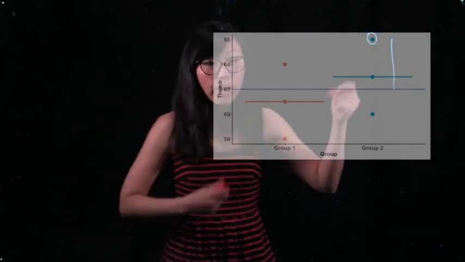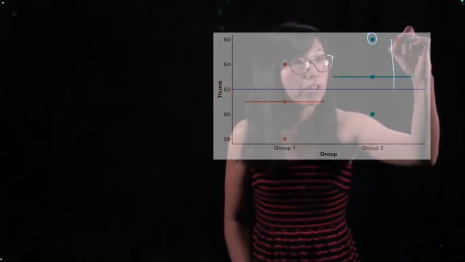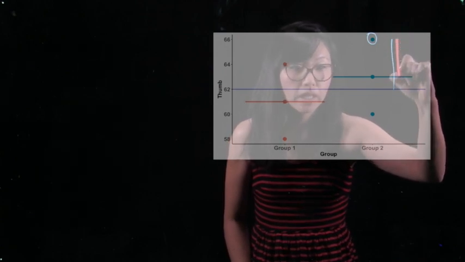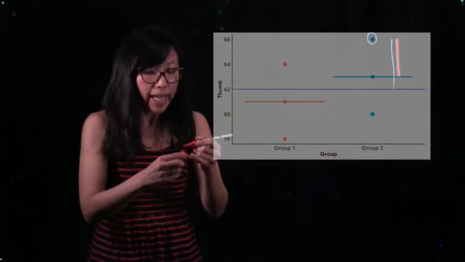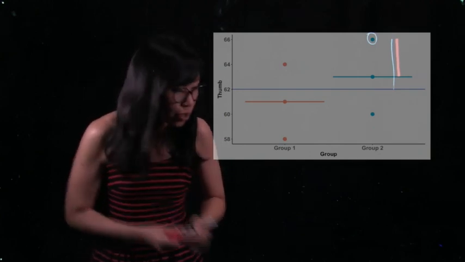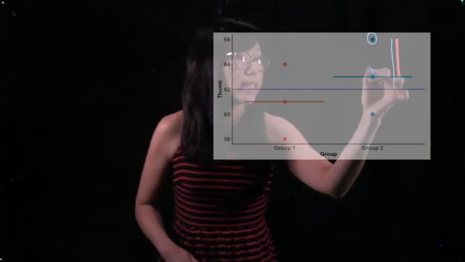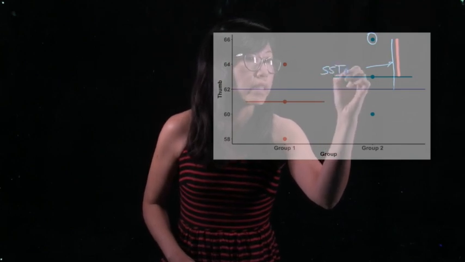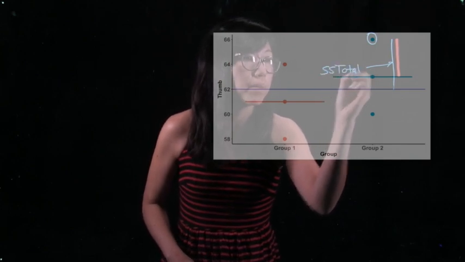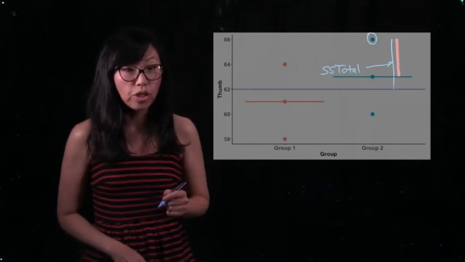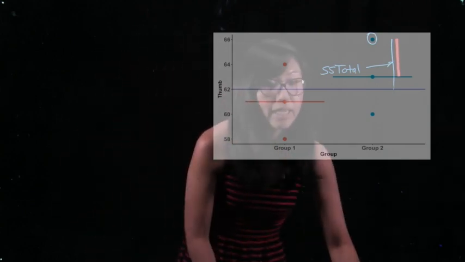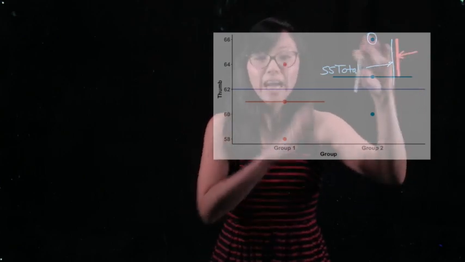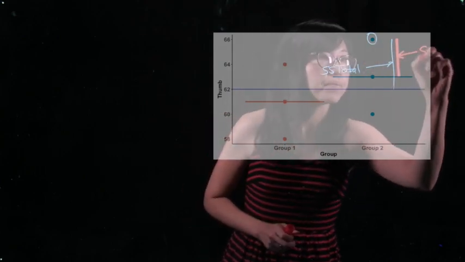And so the error from that model, I'm going to draw right here, looks something like that, right? And so the sum of squares total is made up of these lines, right? These lines, when we square them and add them up, makes up sum of squares total. But the sum of squares error is made up of these lines after we square them and sum them up.